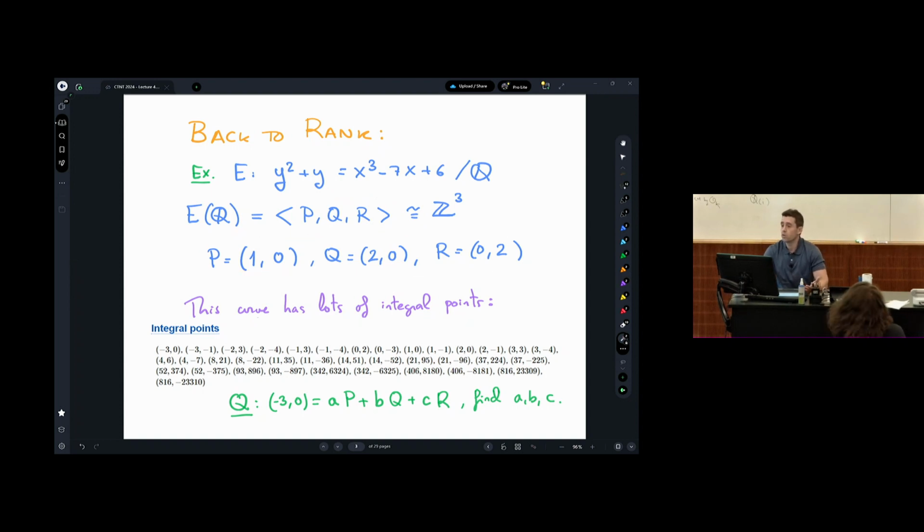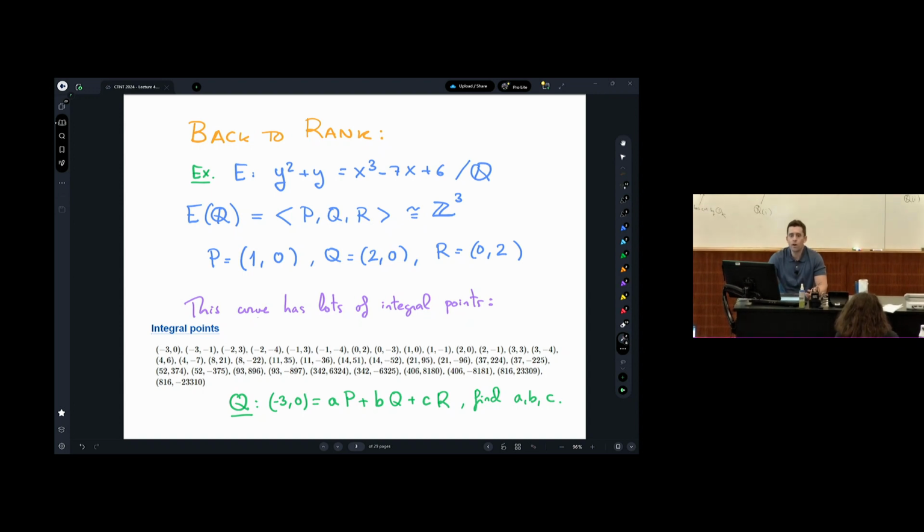So great, that's it. But the first question is, how do you even prove that these 3 points are Z-linearly independent? Why is R not maybe P plus Q or P minus Q or 2 times P minus 3 times Q? If you are working over a vector space, this is very easy.